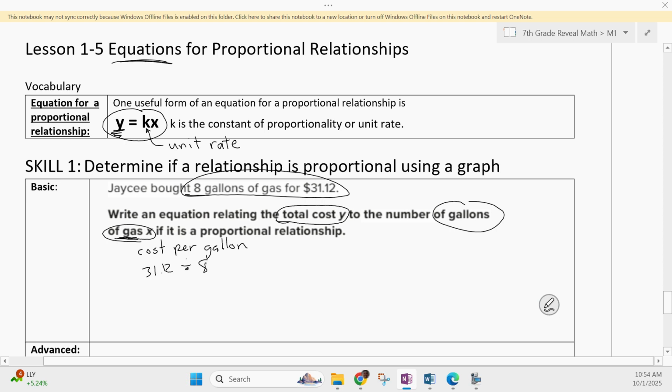Somebody tell me what that unit rate is. Okay, $3.89 per gallon, right? Everybody, on your calculator, how much for 2 gallons?